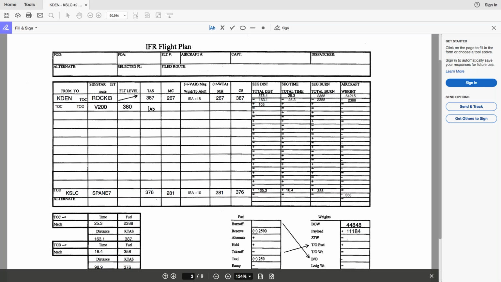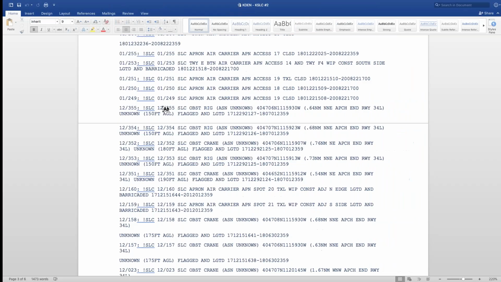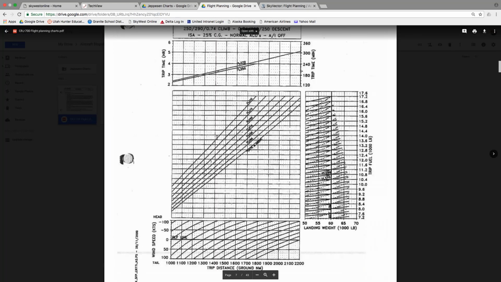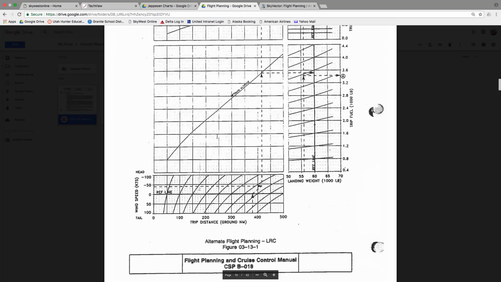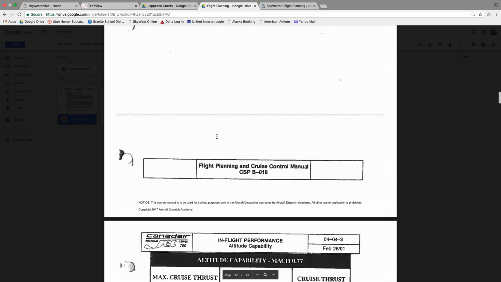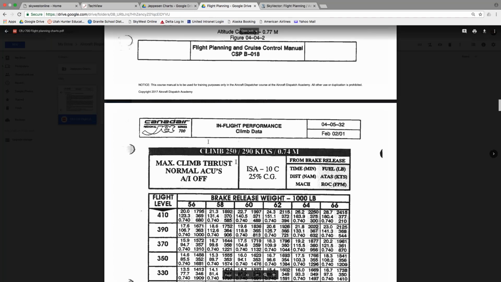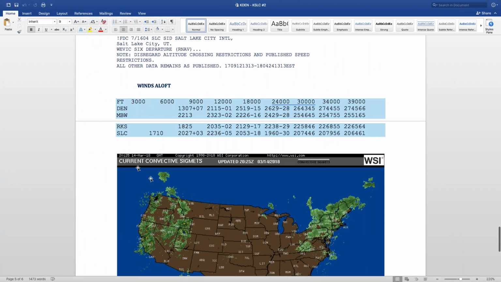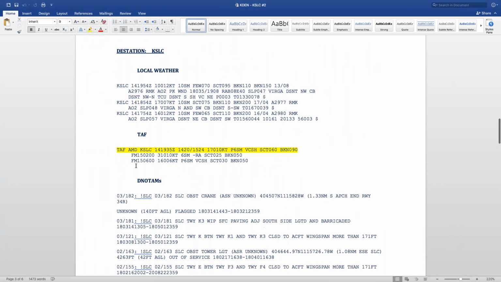Okay, so let's figure out our performance. What chart do we use? We need to figure out ISA still. Right, so we need to figure out our ISA en route. ISA cruise, we already figured that out. I just want to make sure I'm not forgetting to write down any steps.